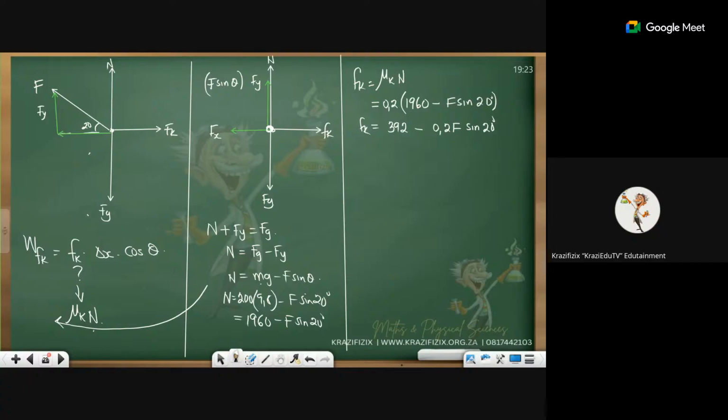But what am I looking for? I'm looking for work done. I'm going back to the beginning. What is my work done formula? Fk delta X cos theta. What is my Fk? 392 minus 0.2 F sine 20. What is our delta x? 3. Cos 180. What is cos 180? Negative 1. Negative 1 times 3 is negative 3.